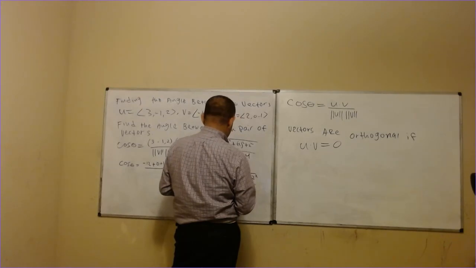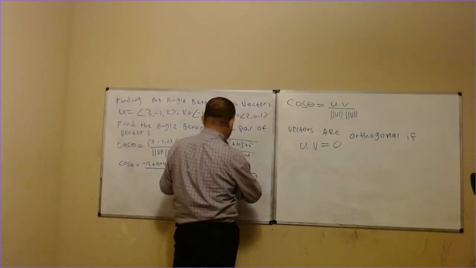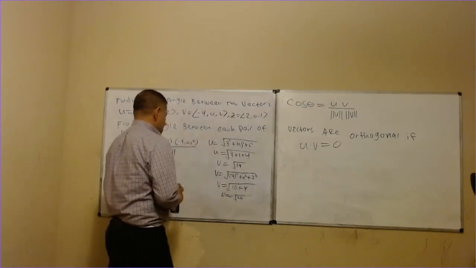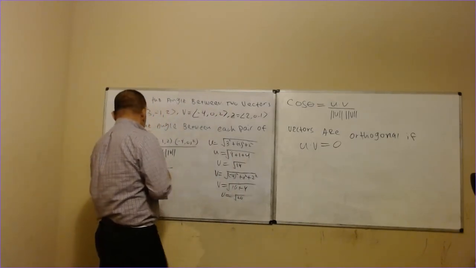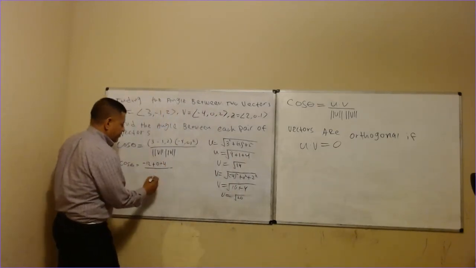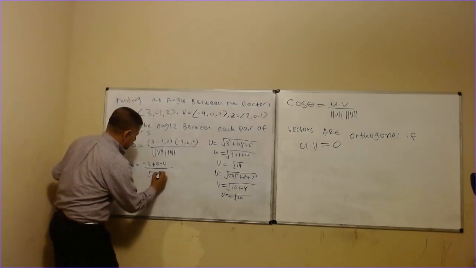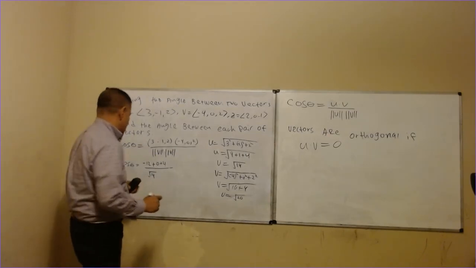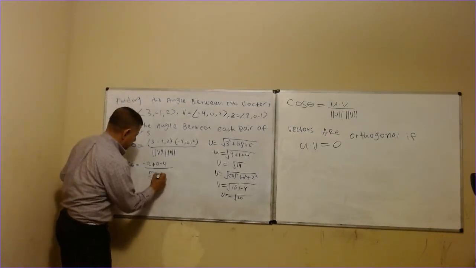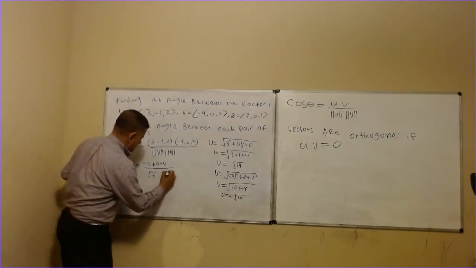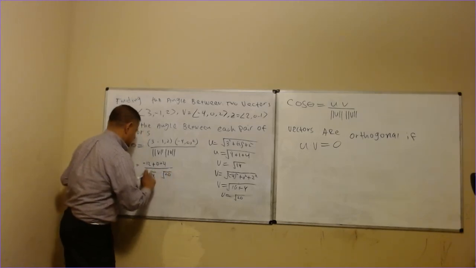So this is 14. Here you go. Okay, so now I have to put those over here, and I said the square root of 14 times the square root of 20.